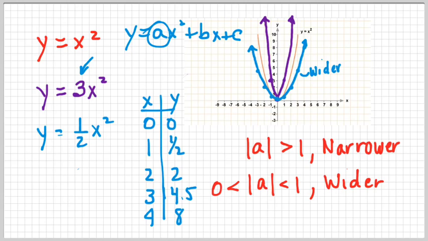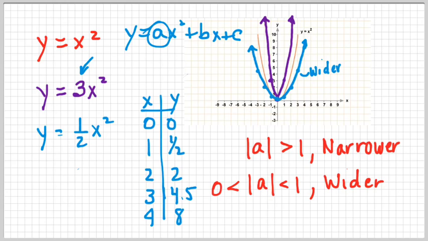Now you notice I said these things about the absolute value, and the reason I did that is because whether a is negative or positive does not affect its width or how narrow it is. Instead, negative signs are what control which way it opens.